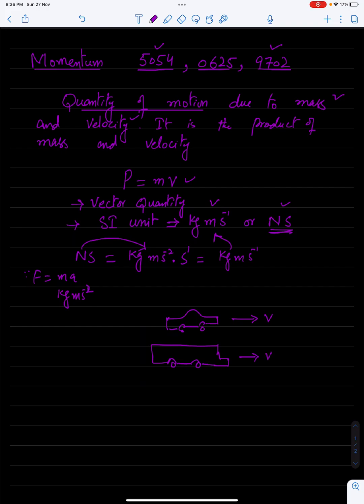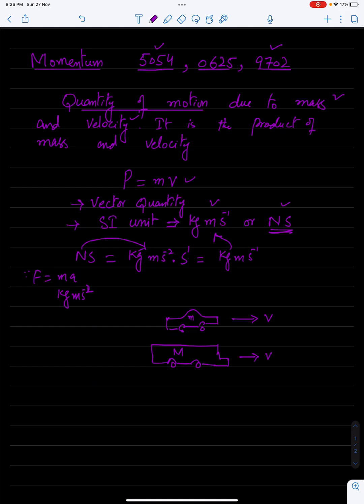So imagine both of them hit a wall or something in front of them. What will happen? Definitely this truck, as it has more mass, let's represent it by capital M and the mass of the car by small m, will cause greater damage.